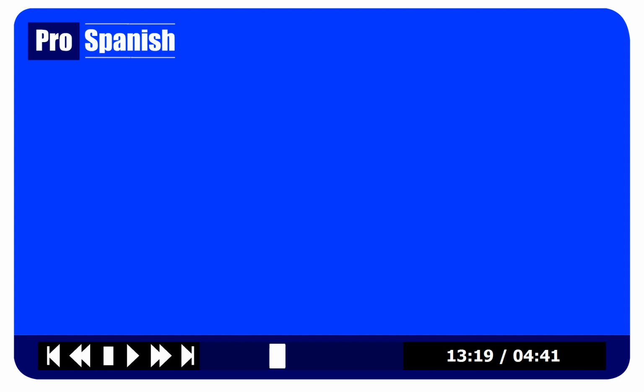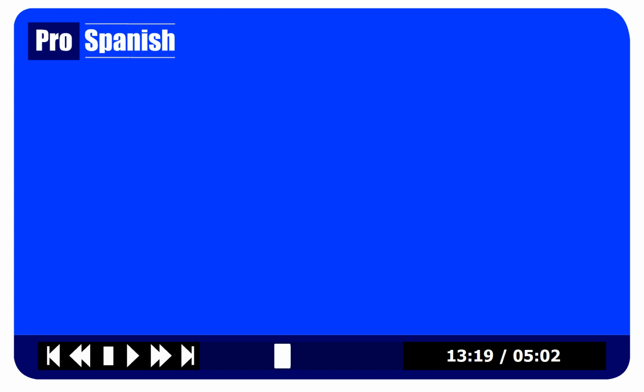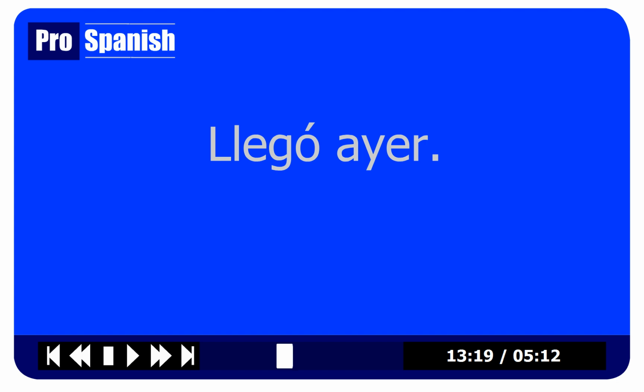An AR verb, like to ask a question. Preguntó. And what about he arrived yesterday? To arrive, another AR verb, llegar. So he arrived yesterday would be llegó ayer.